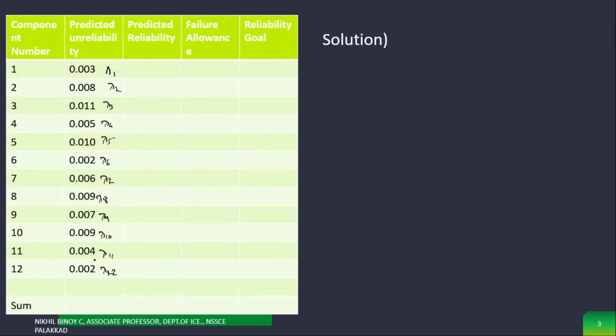Now we have to find lambda s, that is the sum of lambda 1 to lambda 12.